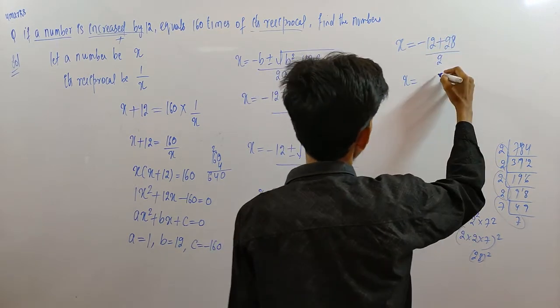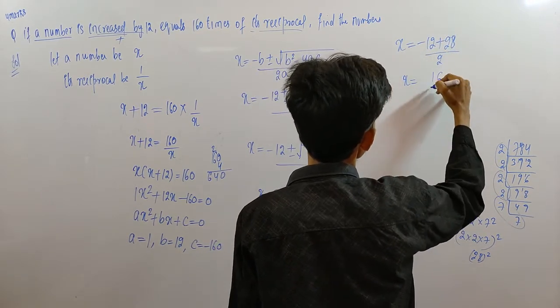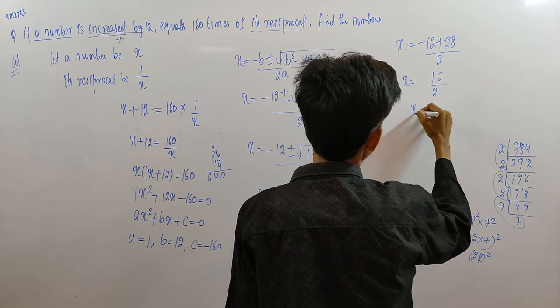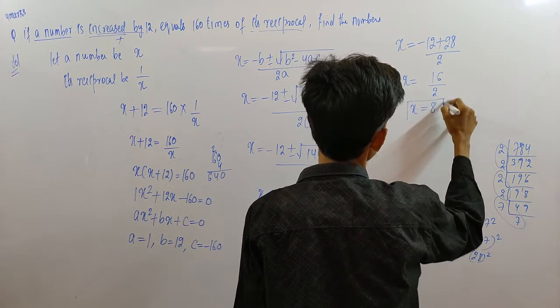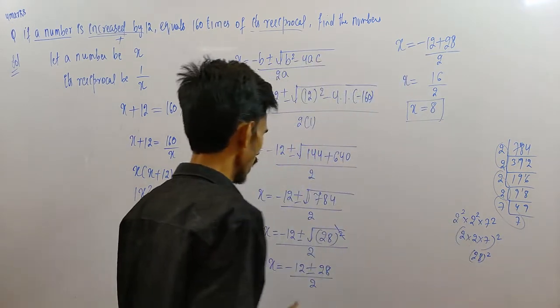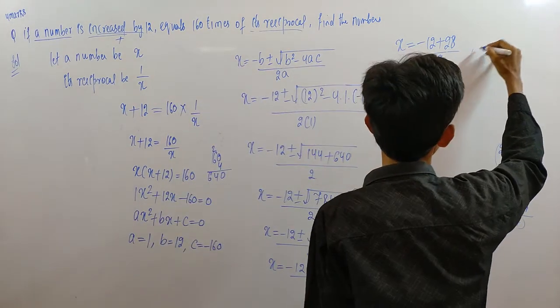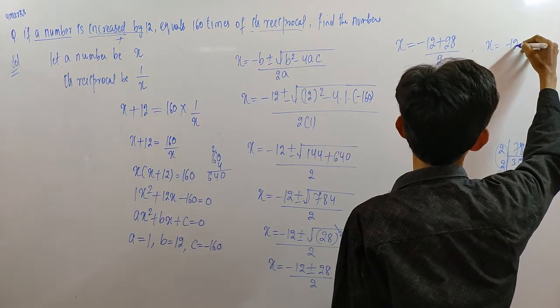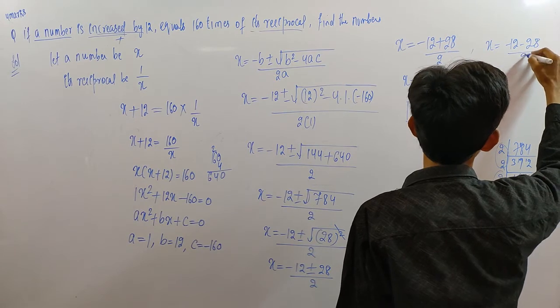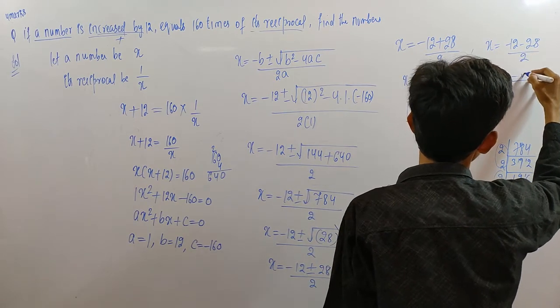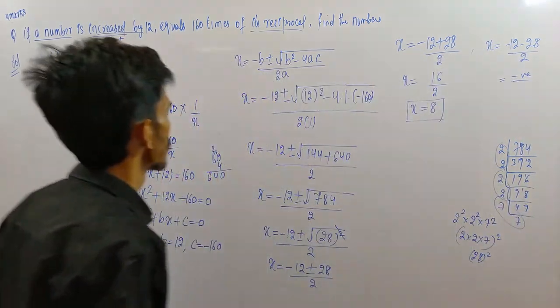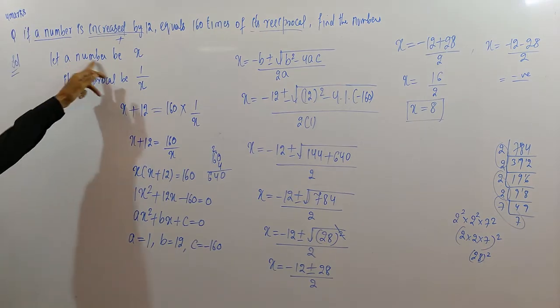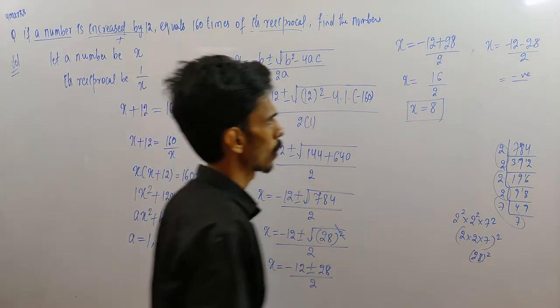8 minus 2 we have 6, 2 minus 1 we have 1 by 2. So we have x is equal to 8. One value. If we take negative, minus 12 minus 28 by 2, this value will be negative. But a number, okay, we can take negative number also.